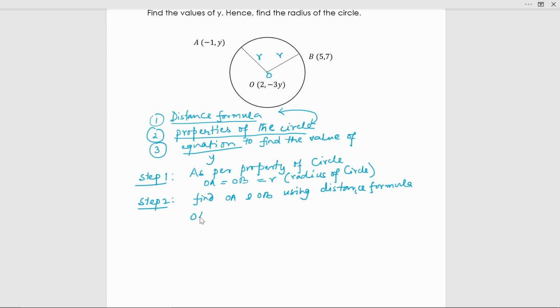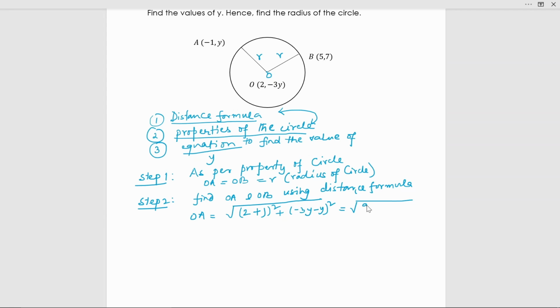So OA is equal to root over of (2 minus minus 1, which is plus 1) square plus (minus 3y minus y) square, which is equal to 1 plus 9, no, 2 plus 1 is 3, and 3 square is 9.